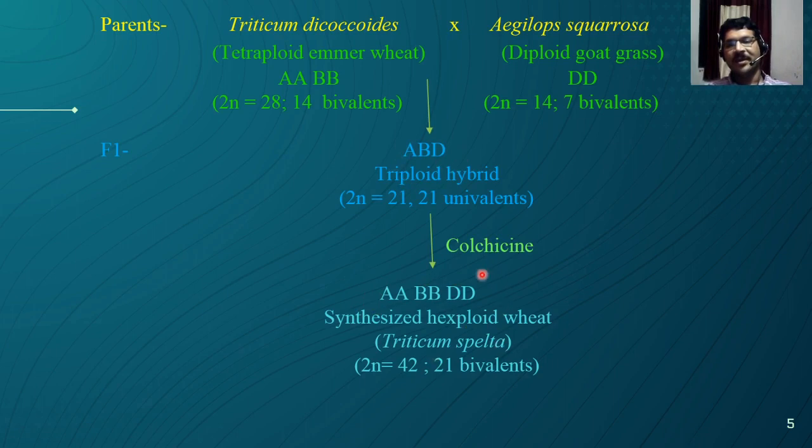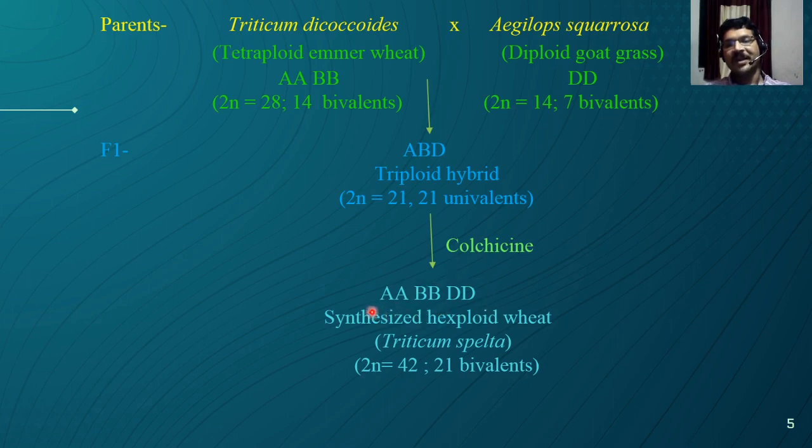So in this way an allopolyploid plant has been formed. Why do we say it is an allopolyploid? It will get clear from here, because there are 2 A chromosome sets, 2 B chromosome sets and 2 D chromosome sets. In autopolyploids we have seen all sets were the same, all A, all B, or all D. But here you can see different types of sets.